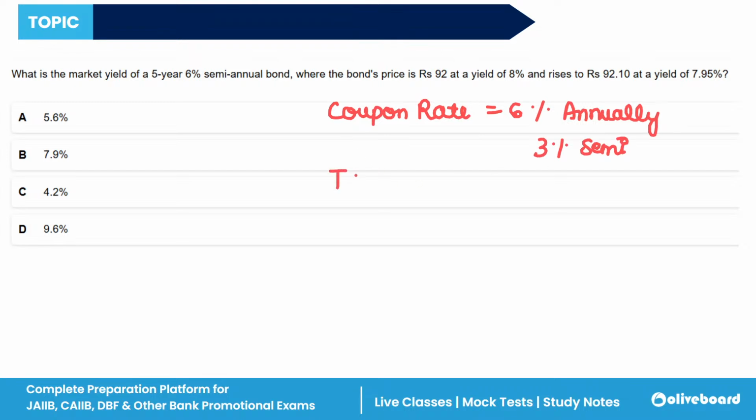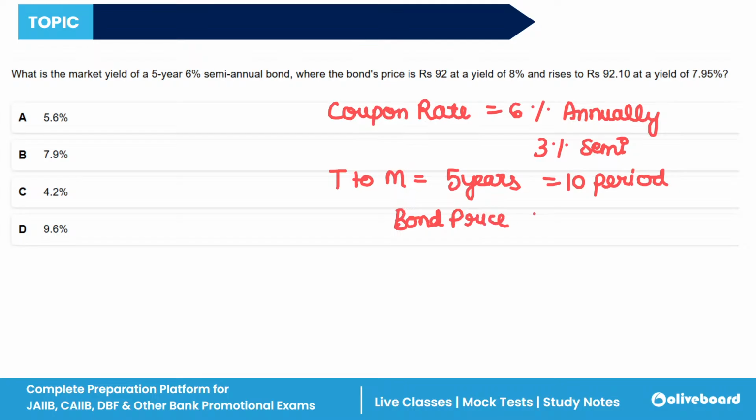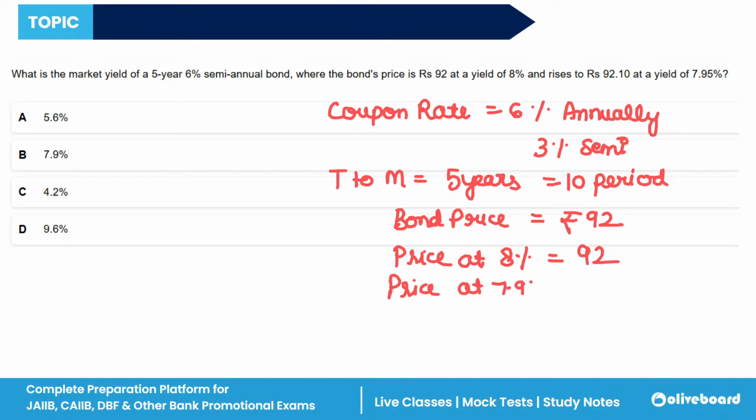Time to maturity is 5 years, which means 10 periods. The bond price at 8% yield is rupees 92, but the price at 7.95% is rupees 92.10.